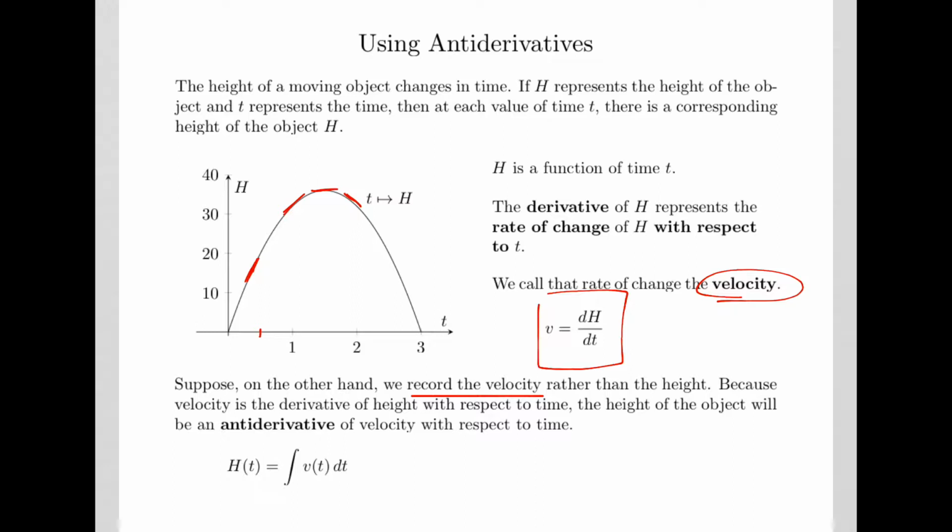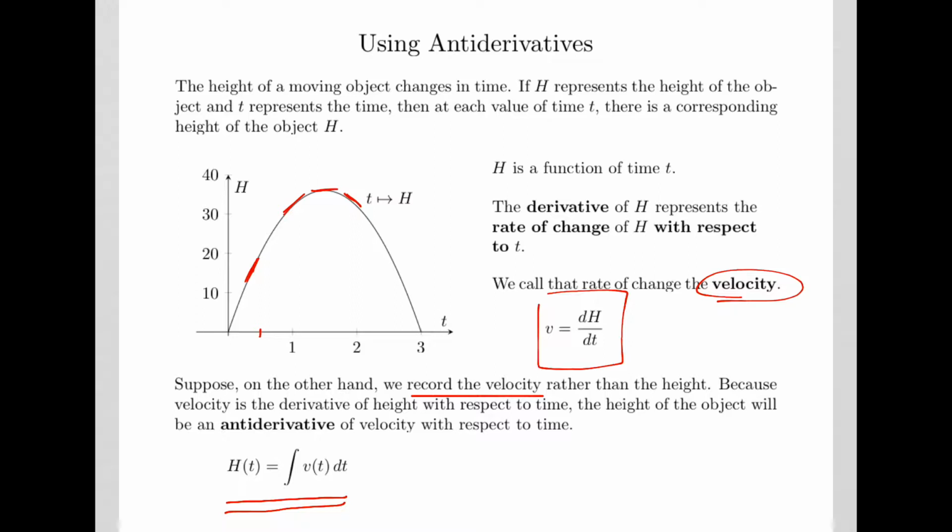Or as this ball I throw in the air, if I can track how fast it's moving through the air, rather than the height, I'm tracking the velocity, I now know the derivative. So if I could find an antiderivative of that function, I would have recovered the height, except I wouldn't know the constant I need to add.